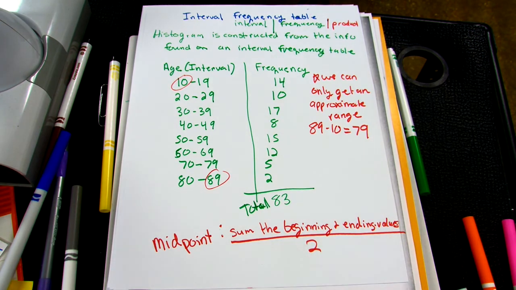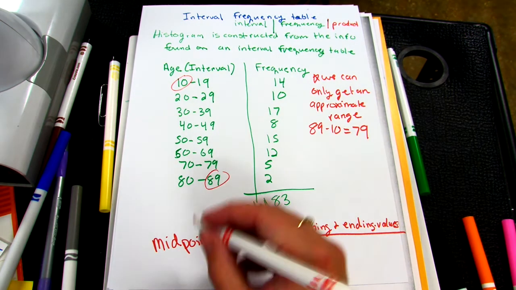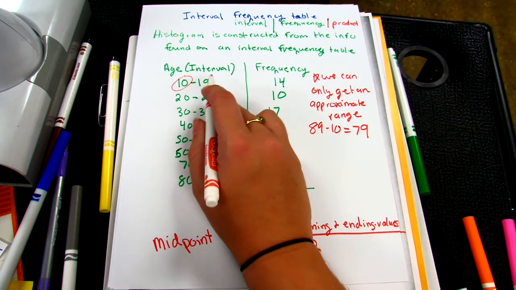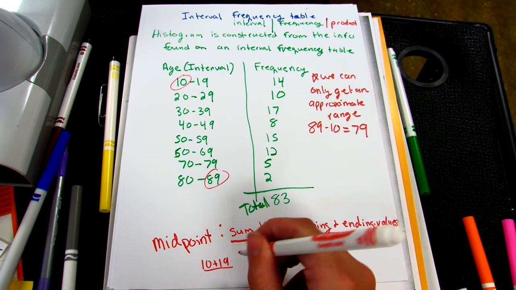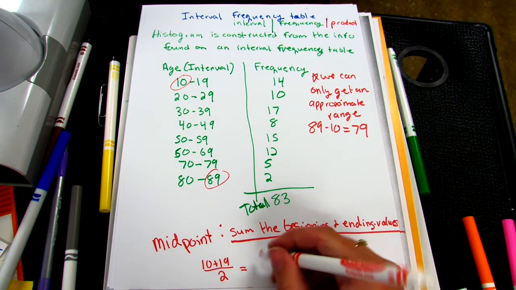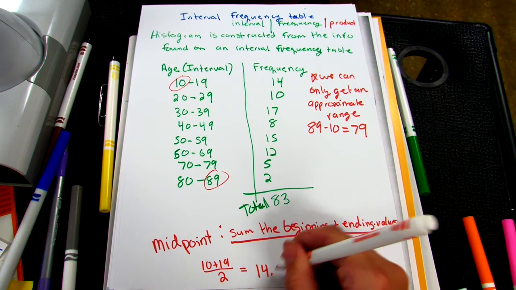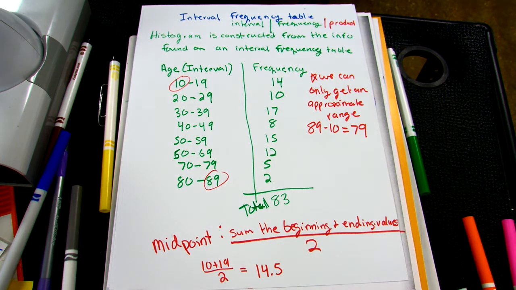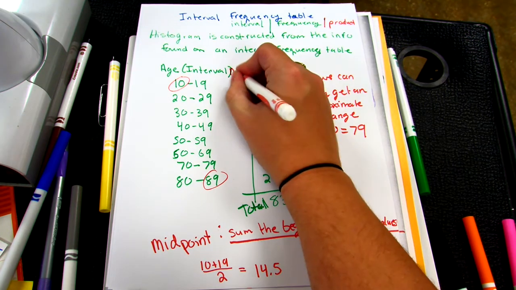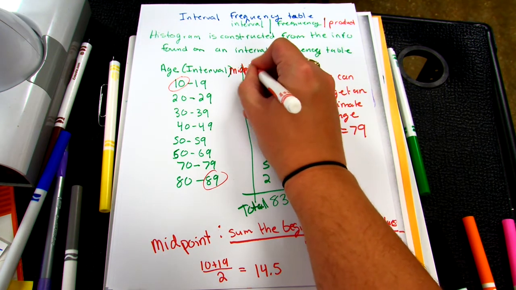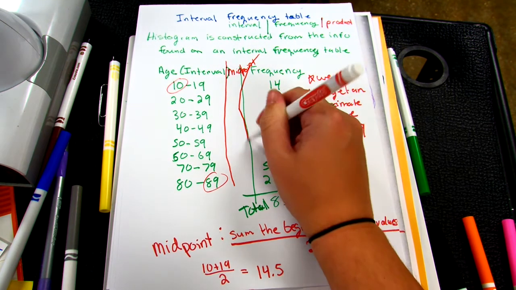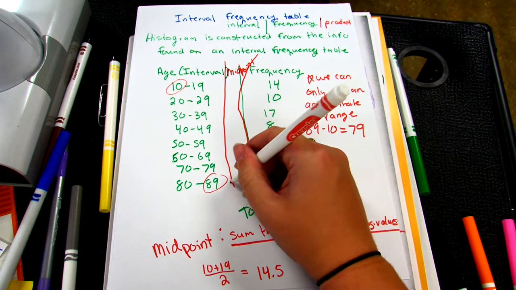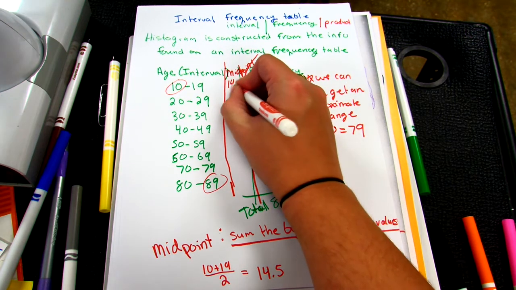So for example, our first one would be 10 plus 19 divided by 2. Our first midpoint would be 14.5. So again, we have midpoint, kind of making its own little column.